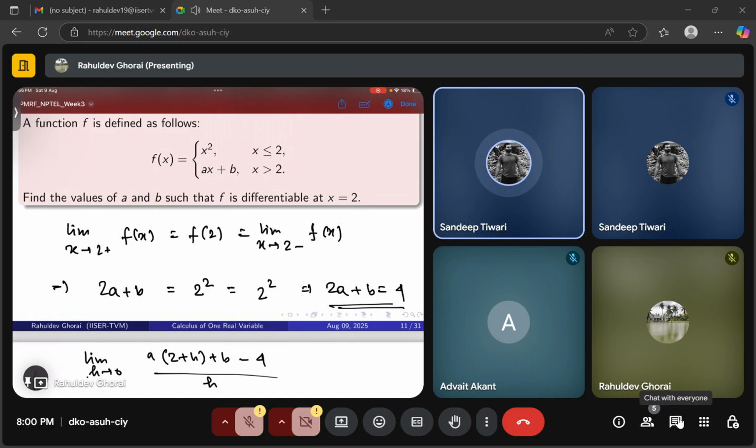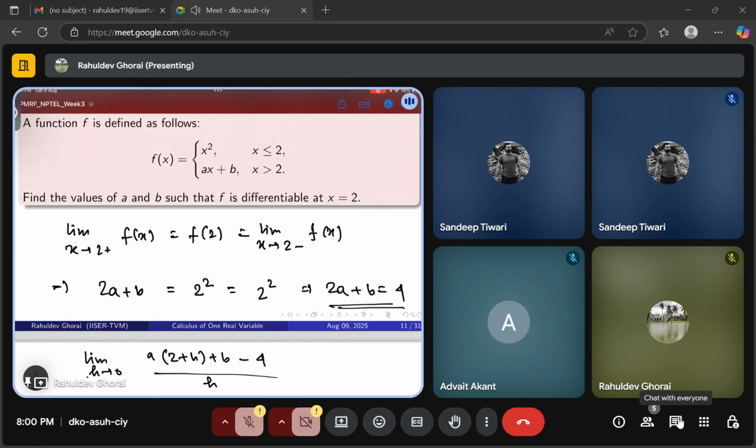We can directly differentiate the two parts and then evaluate at 2, like 2x is equal to a, where x is equal to 2. But I did not say it has to be continuously differentiable, right?